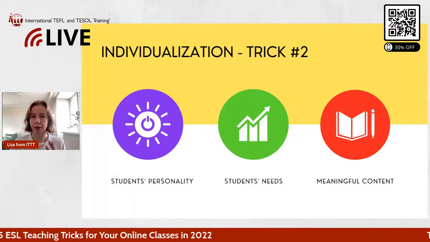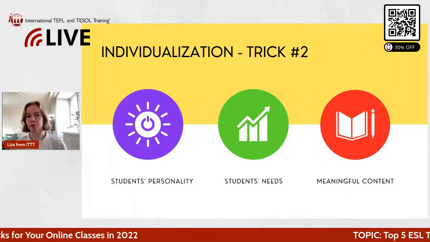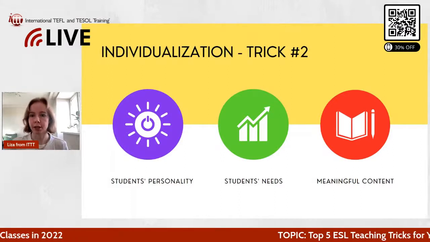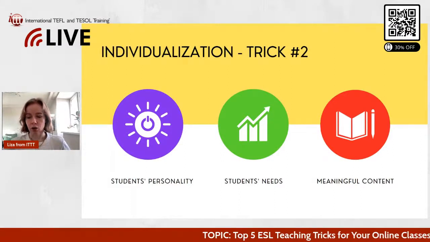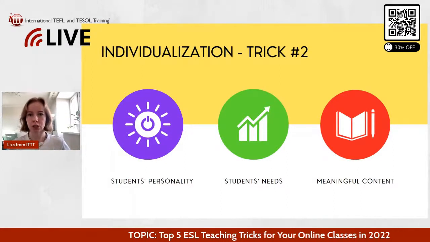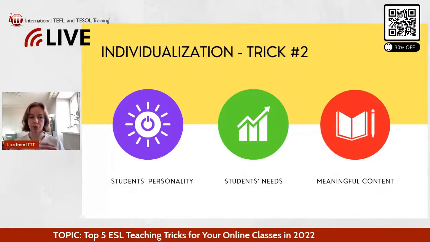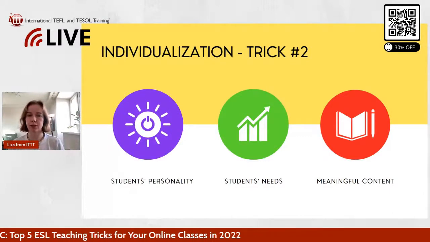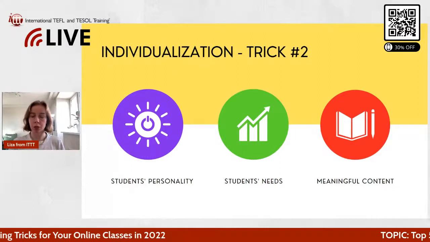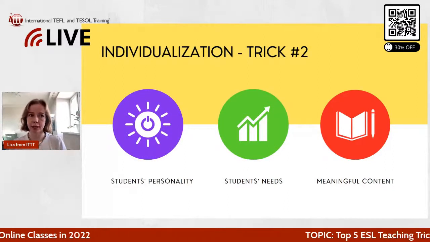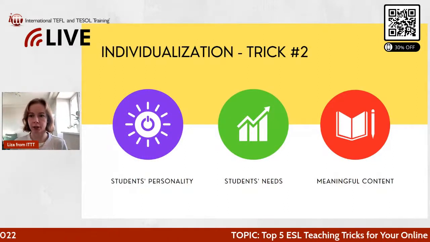It's like an A2 exam in this sequence of exams. What is challenging for me as a teacher there is that those students have something in common, but on the other hand, they are completely different.